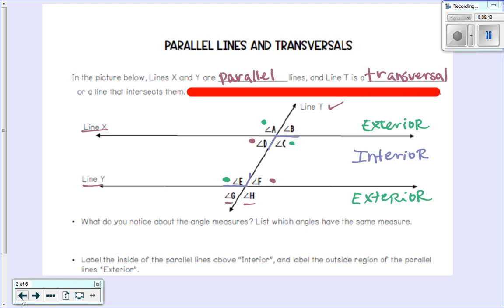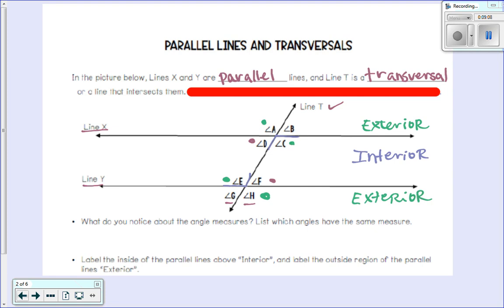If we're looking at angle A, it's on the exterior, and we're looking on the opposite side of the transversal, right? It would be angle H. Go ahead and label it that color. You kind of noticing the colors?